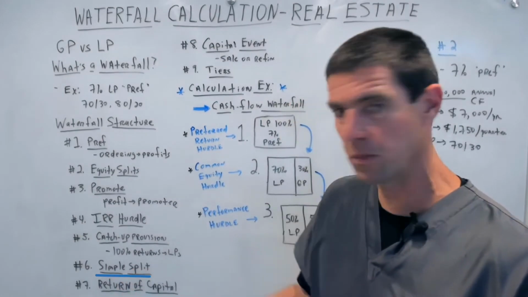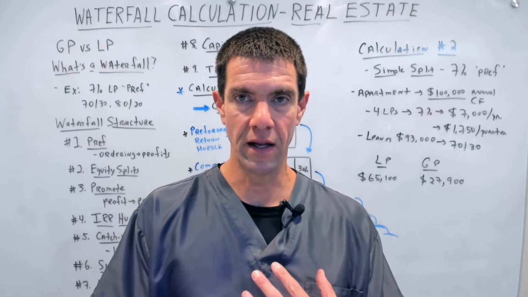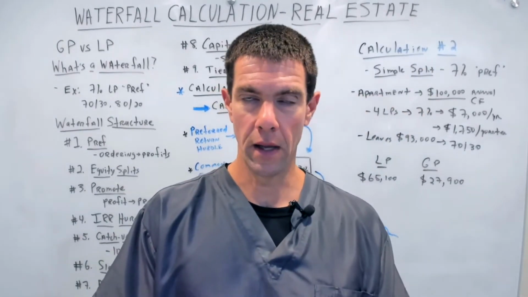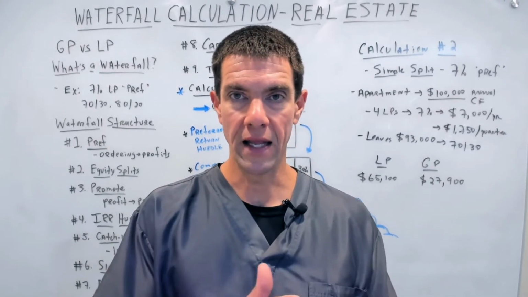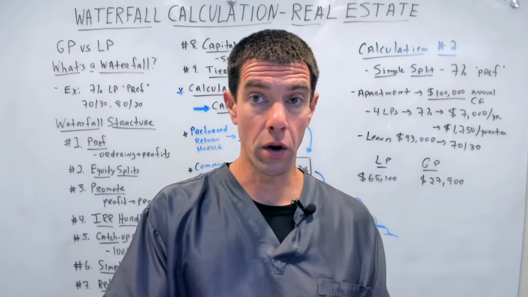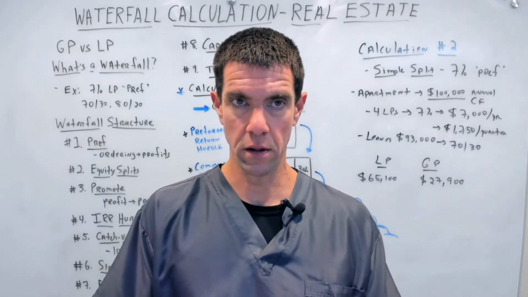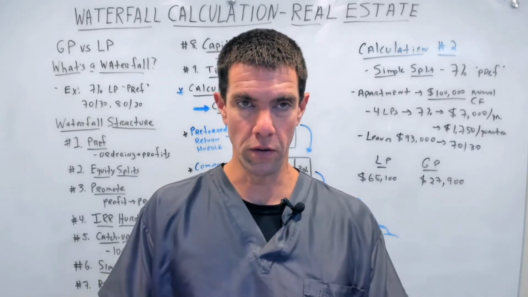Six is a simple split. Many of the syndications that I've been personally invested in have had this simple split structure. These are much less complicated equity waterfall models. They don't contain any IRR hurdles or any prefs, anything like that. All proceeds of the project are split between the limited partners and the general partners.